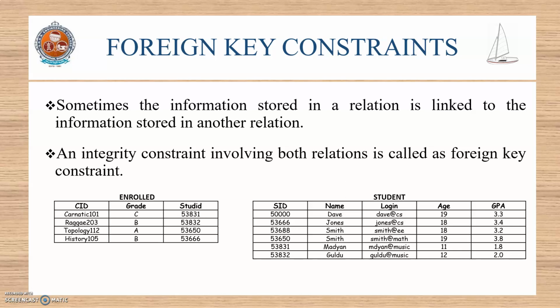The STUDID field of enrolled is called a foreign key and it refers to SID field of students. So SID is the primary key of students relation. STUDID is the foreign key of enrolled relation.